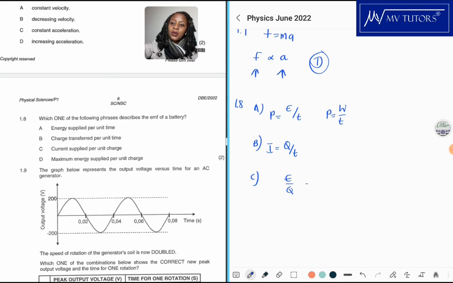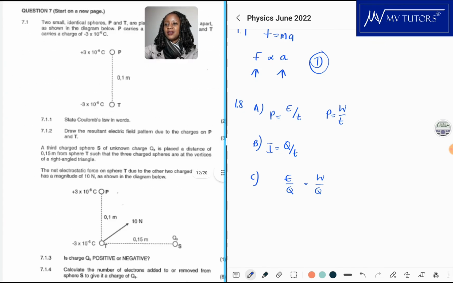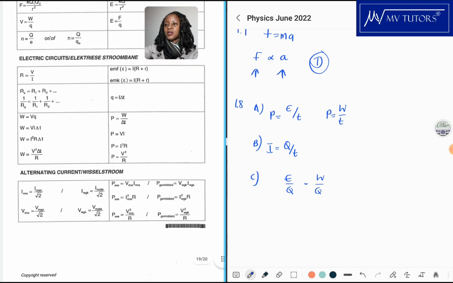Okay, I will then say, we can translate that as work per unit charge. That would be equal to voltage, right? Yeah, I think that would be equal to voltage. I think if we checked the formula sheet, we can see if there is an equation there that talks about that.